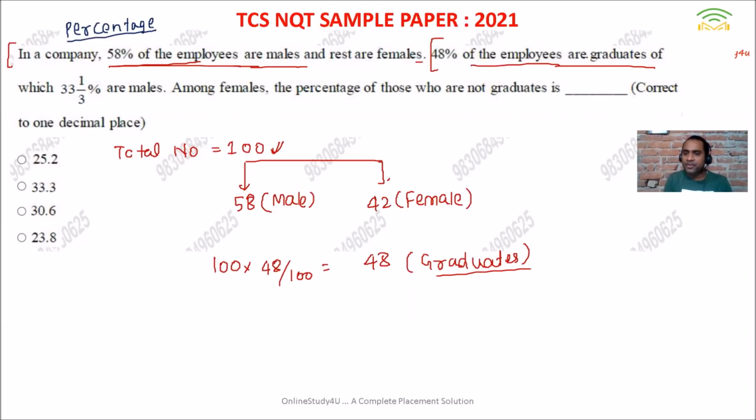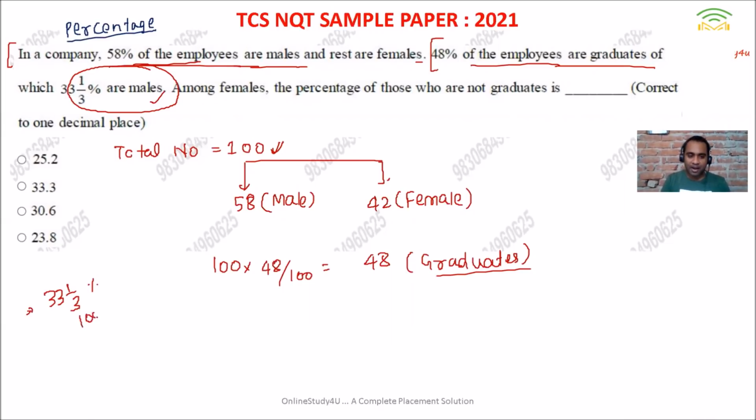So 48% of the employees are graduates, of which 33 1/3 are males. Sorry, today I'm speaking more about males and all. So 33 1/3 percent, which is nothing but 100/3 percent, are males. Total is 48, and out of that 100/3 percent are males.